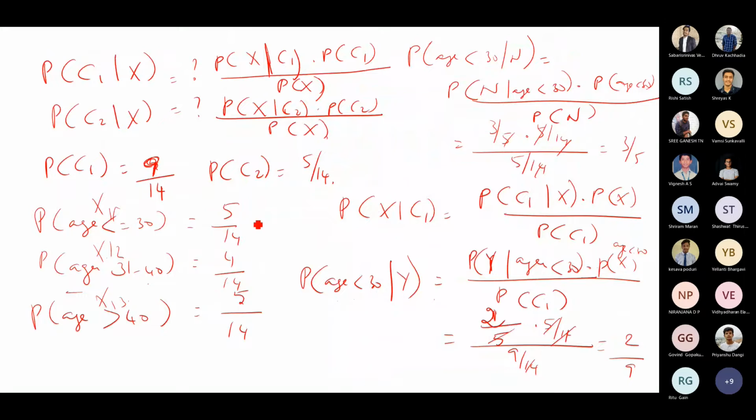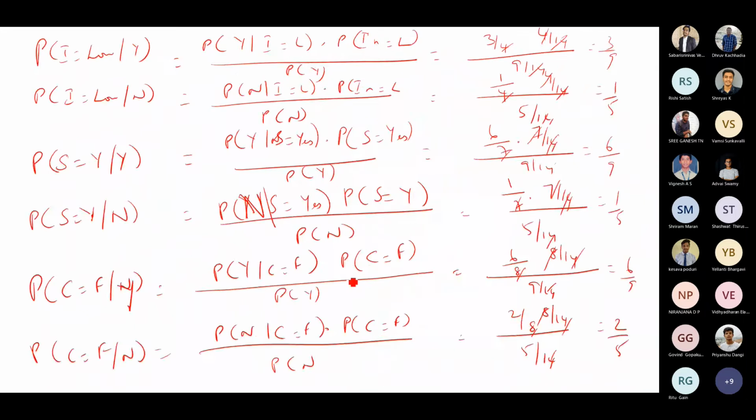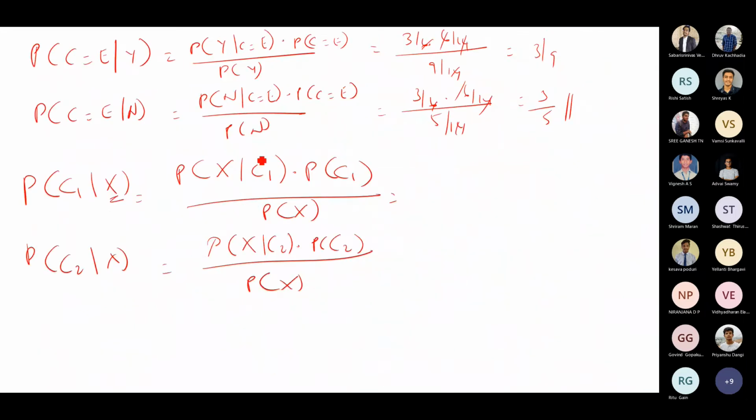I have one value here and another value here. So I have to multiply the individual probabilities here. Probability of x given C1 is a product of all the x, which is going to be your features.